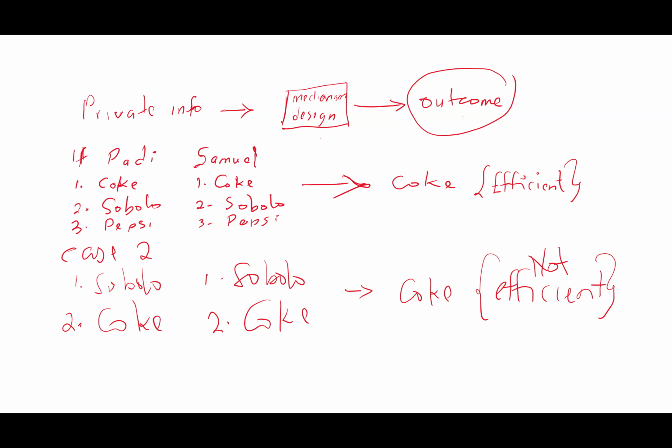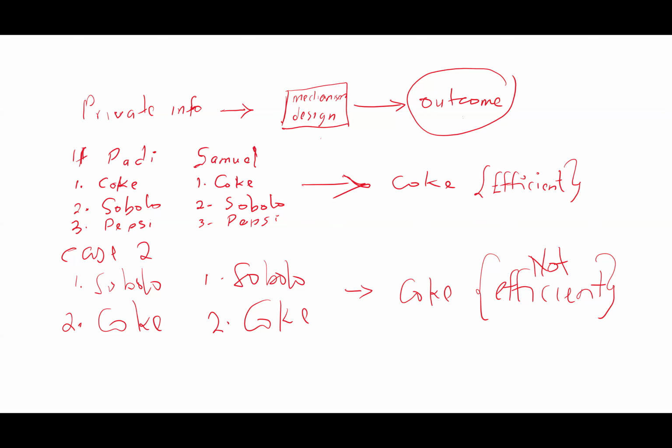Now, if at the end of the day, the game, right? So this will be their private information. So if the design or the structure that you put up yields Coke as the outcome, then we say that this particular design is efficient. I hope you understand.